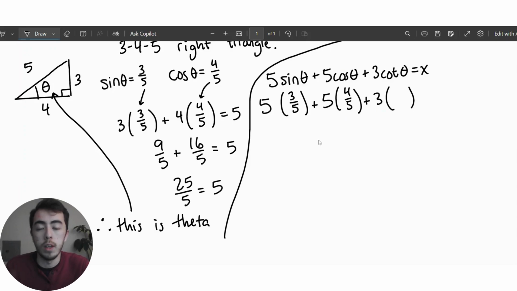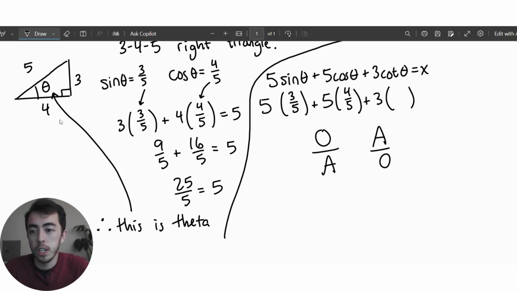Cotangent is the reciprocal, or the flip, of tangent. Tangent from SOHCAHTOA is opposite over adjacent. So I should flip that to get cotangent. Adjacent over opposite is 4/3, and this should all be equal to x.